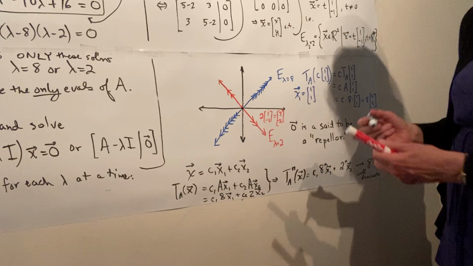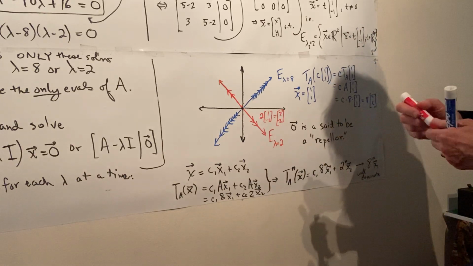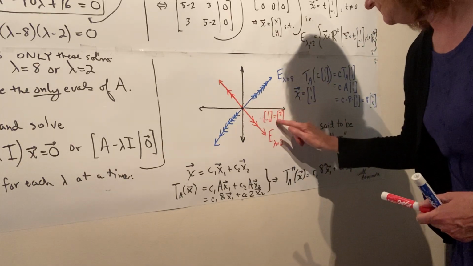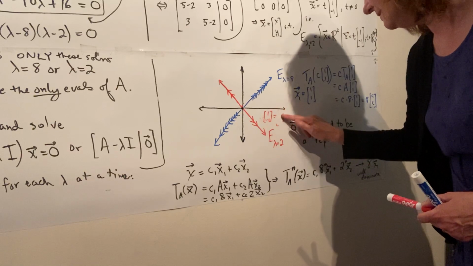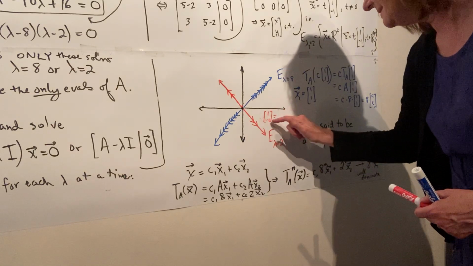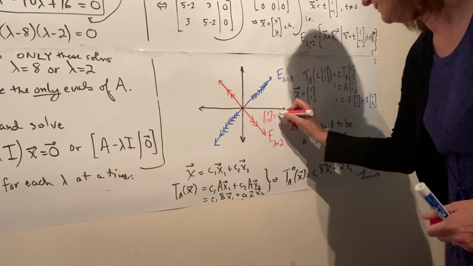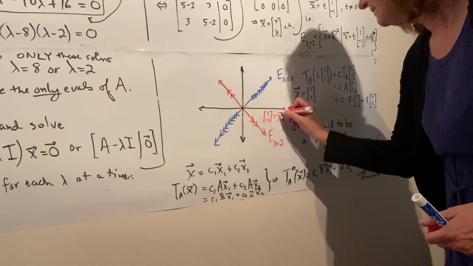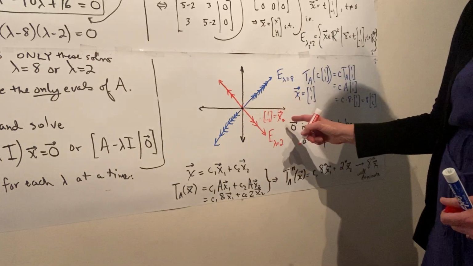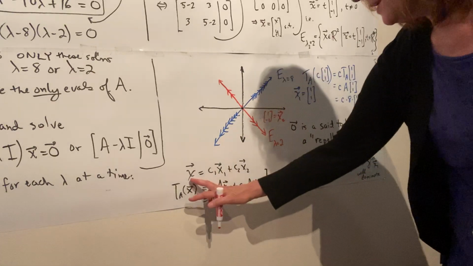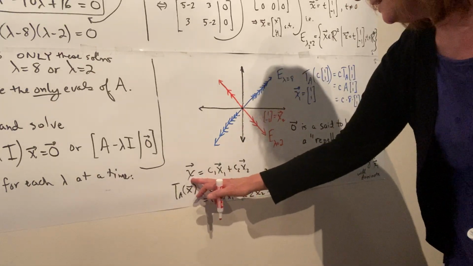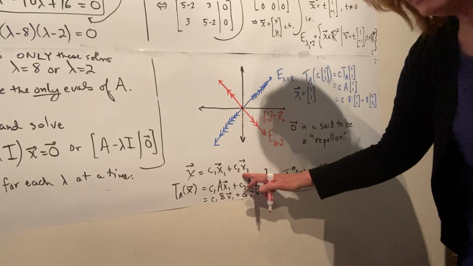And for x2, I could use any vector of this form where they're the same magnitude but different in sign. Notice that they are linearly independent, so I could write any vector in the plane as a linear combination of those two.